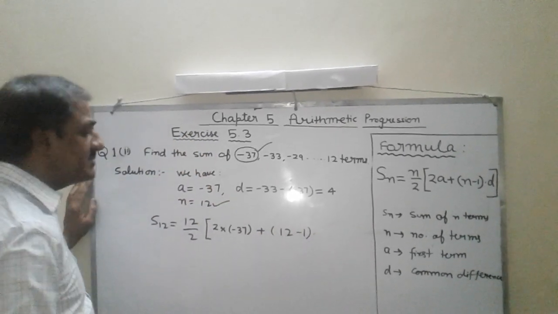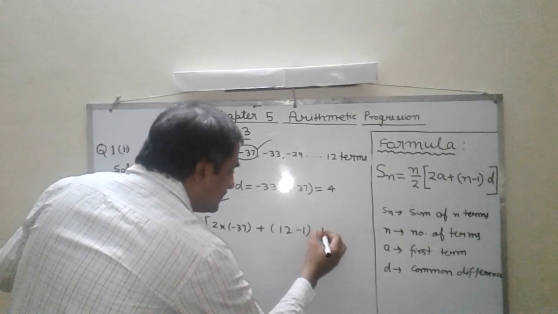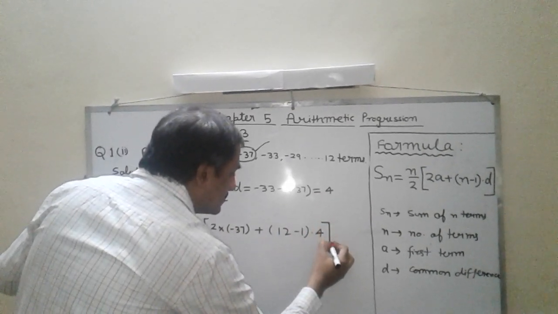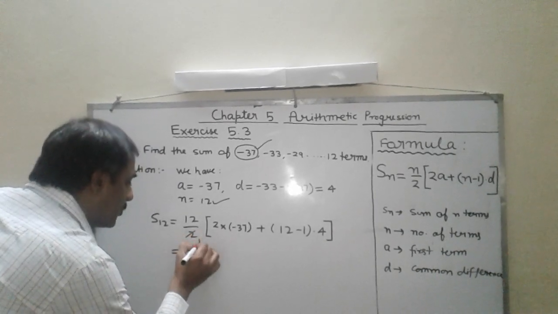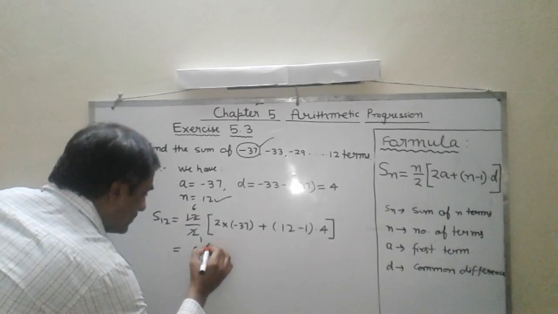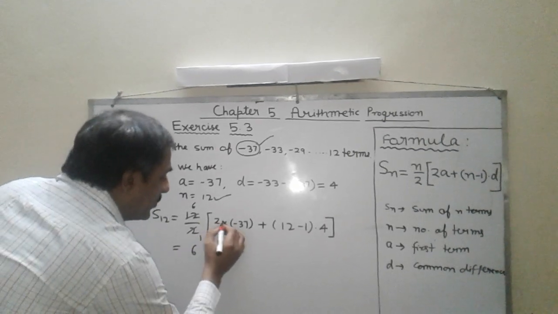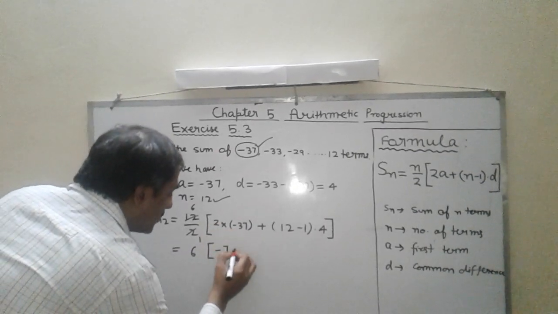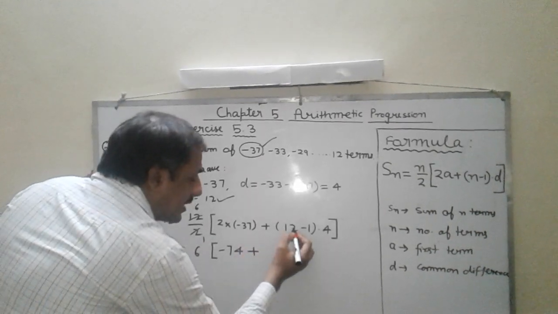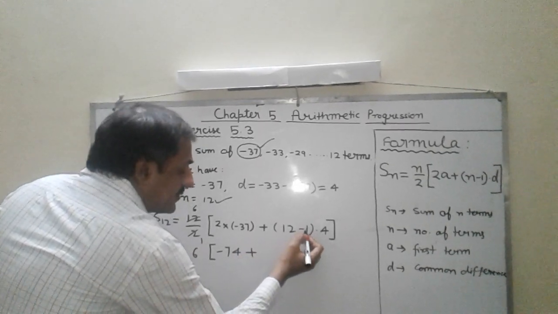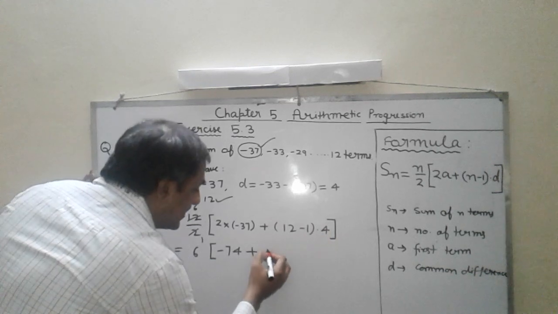The value of d is 4. Two sixes are 12. 2 into minus 37 is equal to minus 74, plus 12 minus 1, that is 11. The product of 11 and 4 is equal to 44.